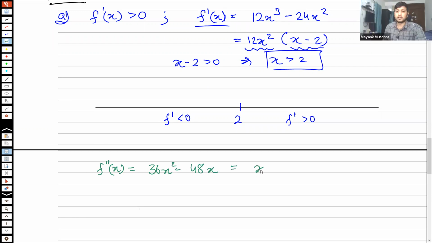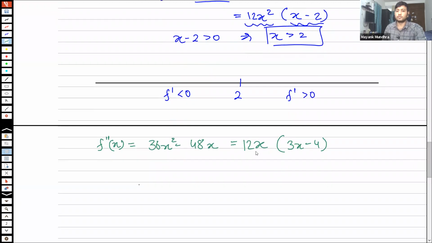I can take 12x common and write this as 12x times 3x minus 4. There are going to be 2 points. When is f double prime 0? It's 0 when x is 0 and it is 0 when x is equal to 4 by 3.